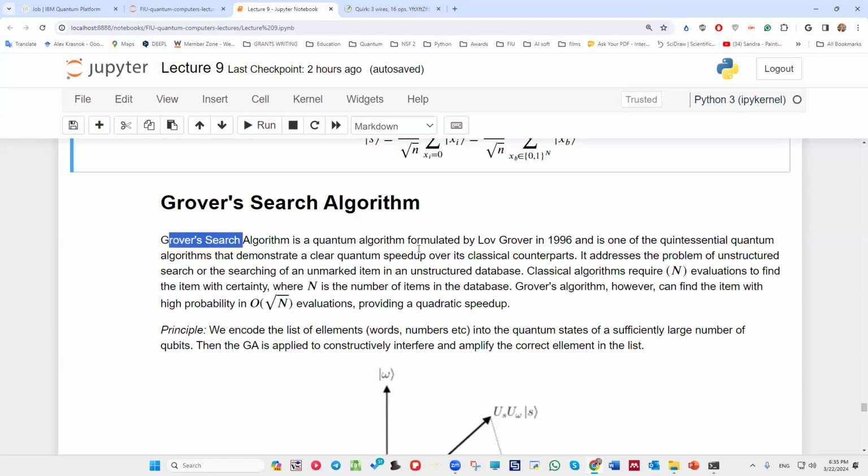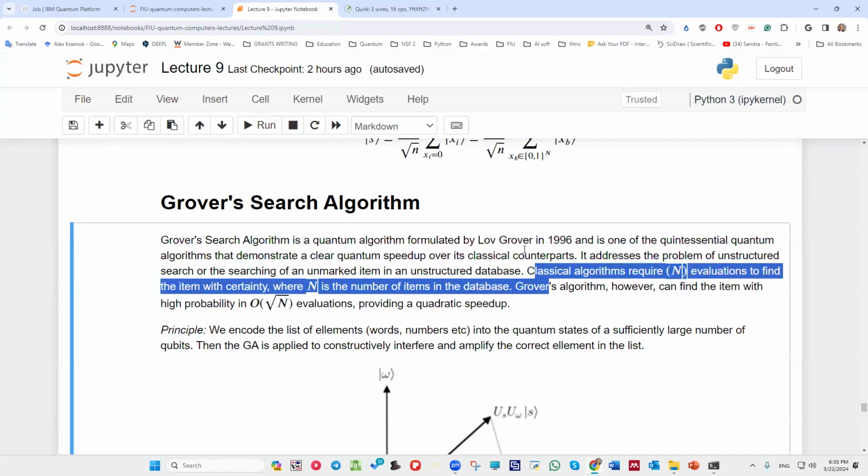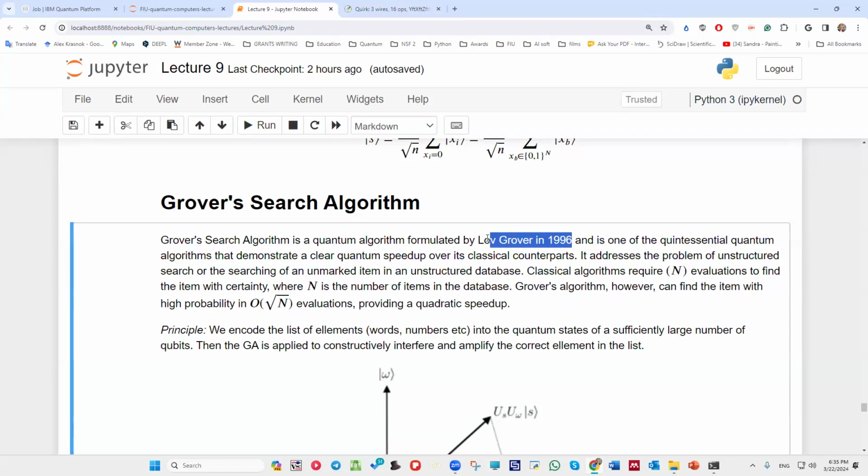Here is some information about Grover's algorithm when it was proposed. You see, this was well before an actual quantum computer was built, right? At this time, the most successful experiments were only the creation of a system of two entangled qubits.